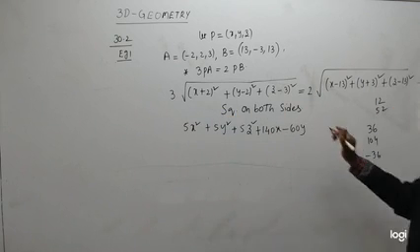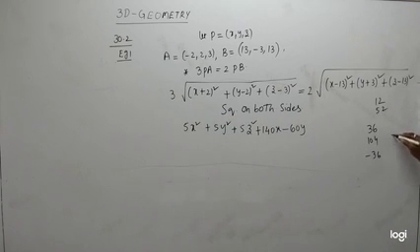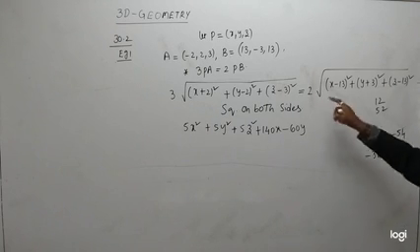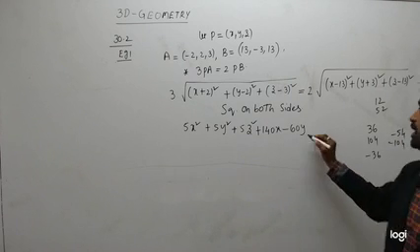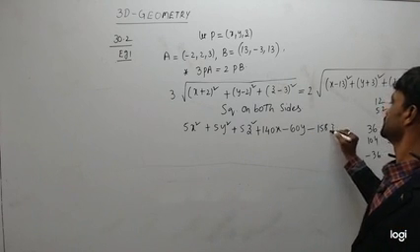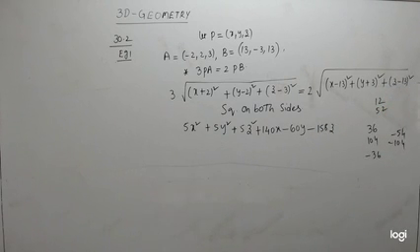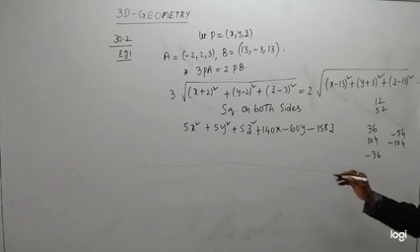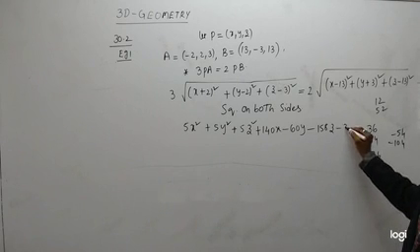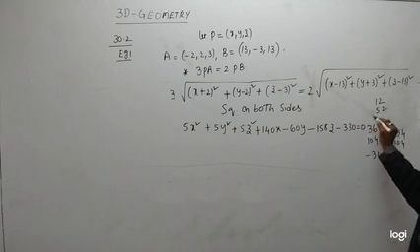Next, 9 into minus 9 is minus 81, 9 into minus 6 is minus 54, 4 into minus 26 is minus 104, so minus 158 into z. Then 4 plus 4 is 8, 8 plus 9 is 17, 17 minus 9 is 8, 8 minus 338 is minus 330, is equal to 0.